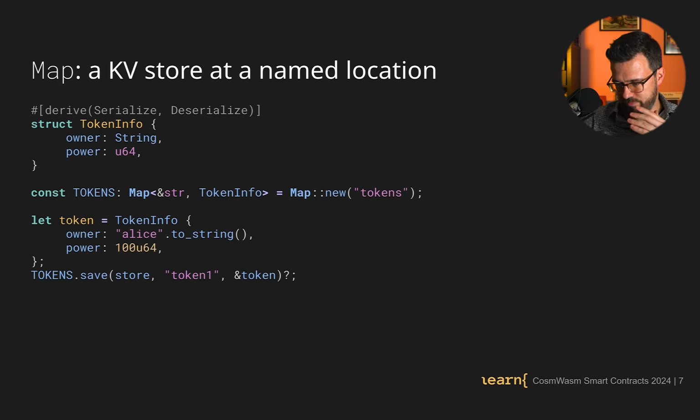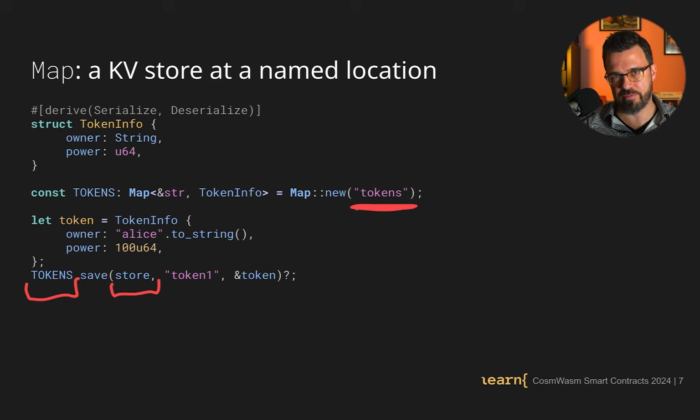So you look at basically the three ways the location is being defined here. First, there's deps.storage, which is getting passed in, so we know it's in contract state storage. Then there's TOKENS, which is a map at this location in that storage. And then we set the key token1. So within that location tokens, there's another map, and in that map, token1 maps to this value.